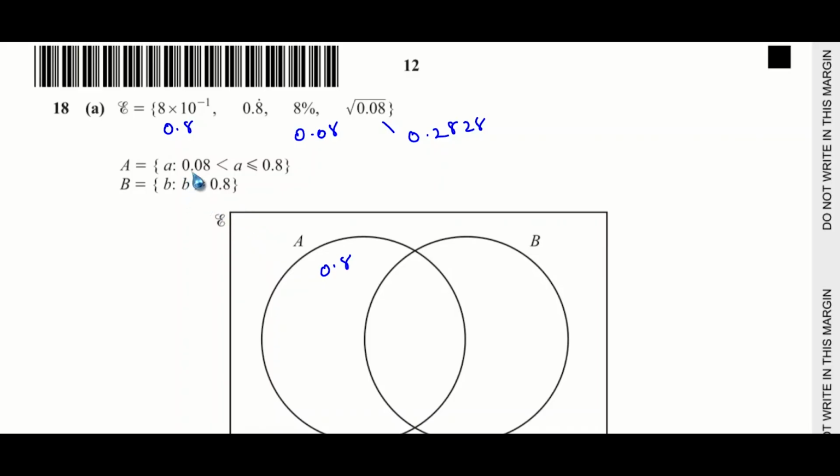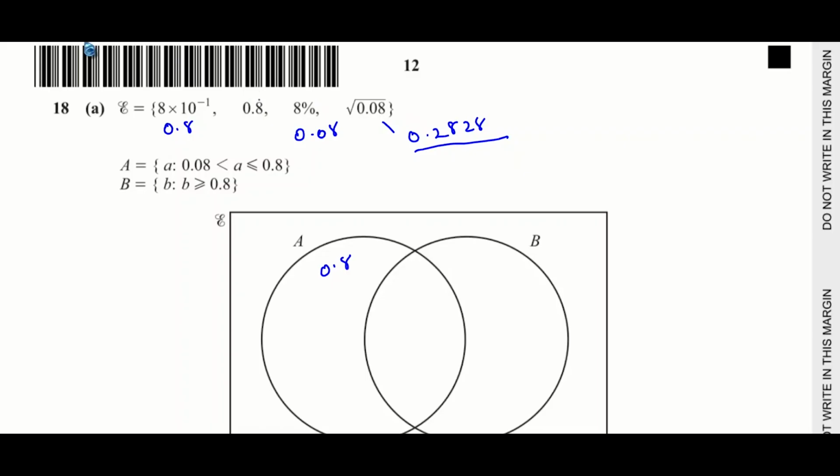And 0.08 is less than A, so that means we need a number that is greater than 0.08. So which number is greater than 0.08 here? So we have this. So this one is greater than 0.08.